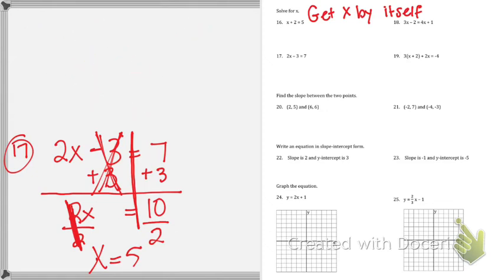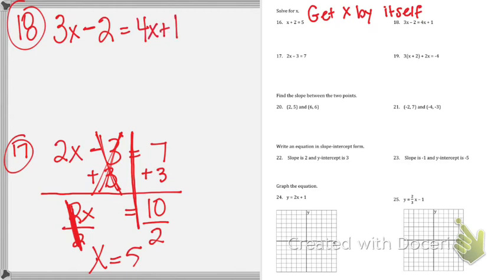All right, number 18. 3x minus 2 equals 4x plus 1. This was a little bit trickier, okay? So, we are circling our like terms, our x's, and we are boxing our constants.